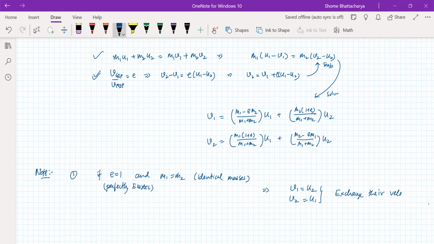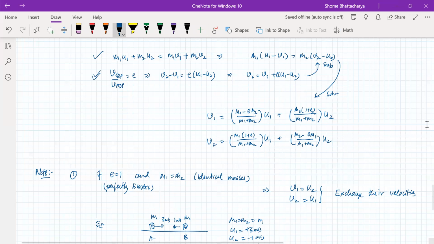their velocities. Okay, so as a simple example, suppose we have two blocks of same mass and they are moving, let's say like this. So we will substitute m1 equal to m2 equal to m and u1 as +3 and u2 as -1 meter per second.